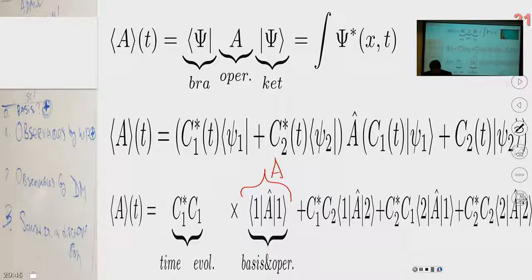Like A11, A12, A21, A22. So matrix elements of a given operator serve towards completion of our goal of the destiny. Find expectation value.